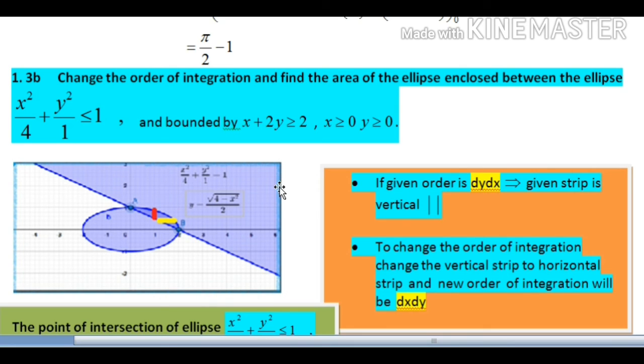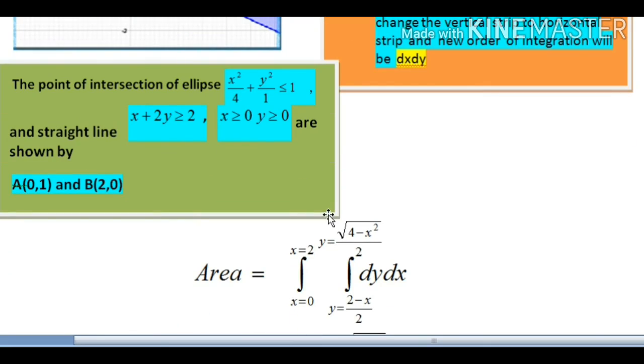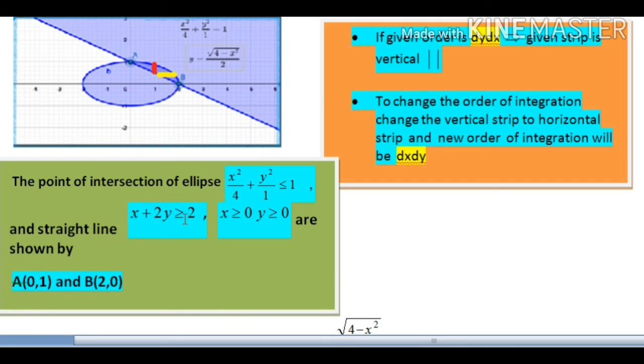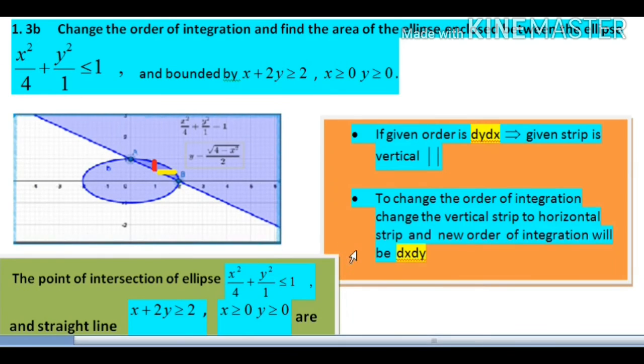Next, in the same question you have to change the order of integration and then evaluate. So in place of the vertical strip, now you will take a horizontal strip, right? The horizontal strip varies from the straight line to the ellipse. So solve this for x equal to 2 minus 2y. So your x starts from 2 minus 2y, and your x on the ellipse is 2 under root 1 minus y square.